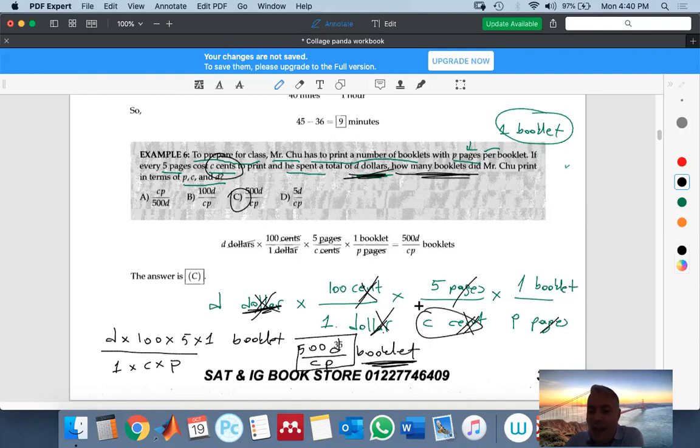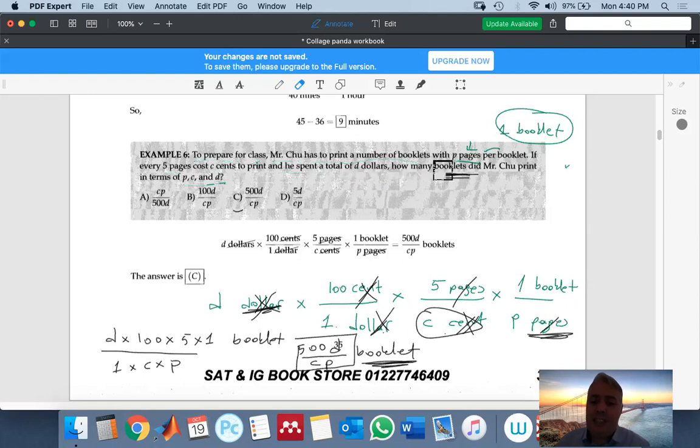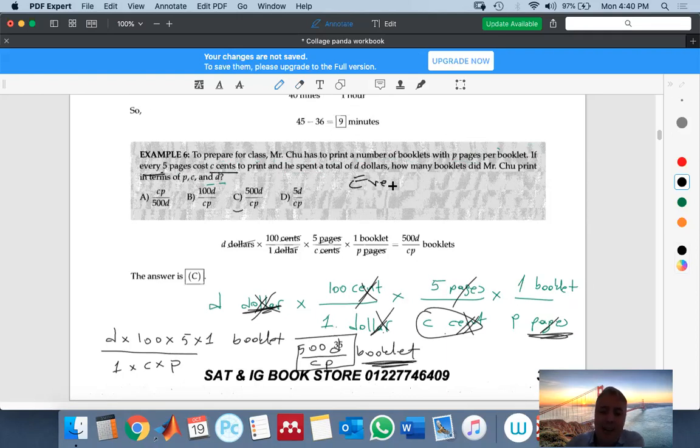In C cents, what I have, it says 5 pages. So C cents, 5 pages, P pages, 1 booklet. Otherwise, how can I solve the question? Maybe it will be difficult now, the classic way, but I may try. If every 5 pages costs C cents, be careful now, every 5 pages, C cents means 1 page, C over 5, isn't it?